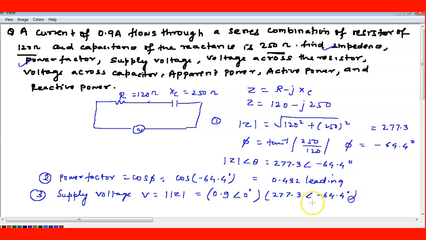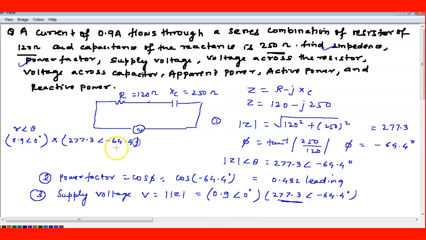If you use the calculator, you will get the exact answer, because you know how to use the scientific calculator, right? You can go to complex mode. This is the magnitude, this is the angle, R and theta forms, the options will come. So write 0.9 and theta 0, in one bracket, into another R and theta: 277.3 and the angle minus 64.4.